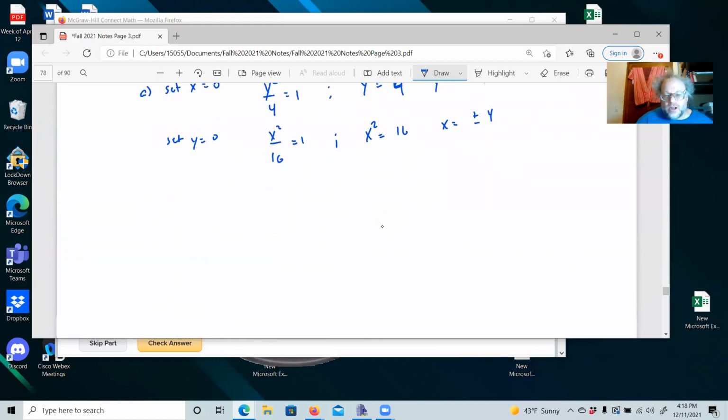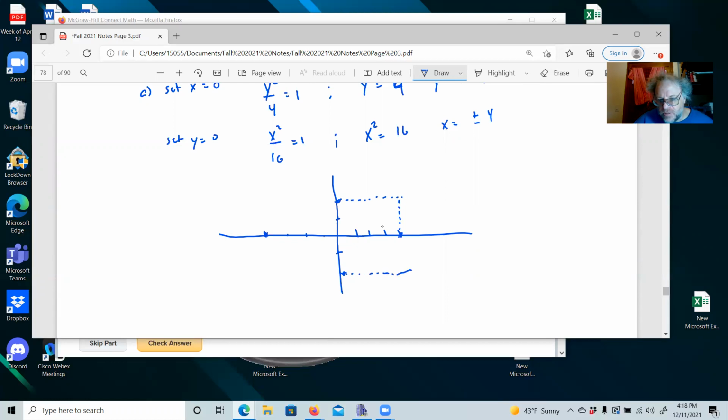Okay, so when I go to graph this, we have 1, 2, 3, 4, 1, 2, 3, 4, 1, 2, and 1, 2. Now, the vertices are going to be here and there. Okay? -4, +4 for x's. But the other thing we have to deal with is that there's always a pair of asymptotes with hyperbolas. Where are they?